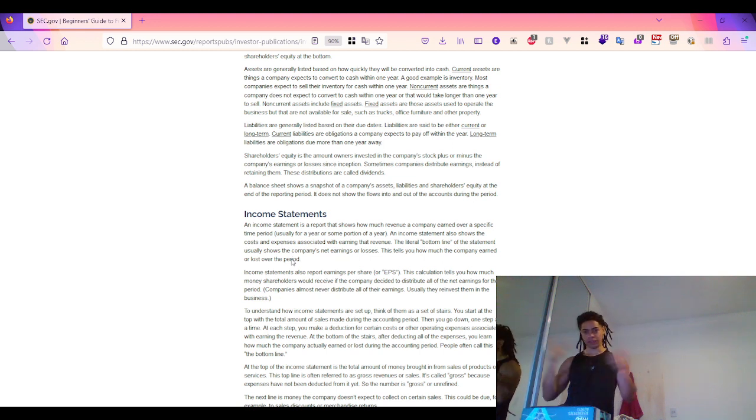Going one step down the stair, you deduct things like merchandise returns or discounts to reach the net revenue. Then going down, you deduct things like the cost of sales, among other expenses.